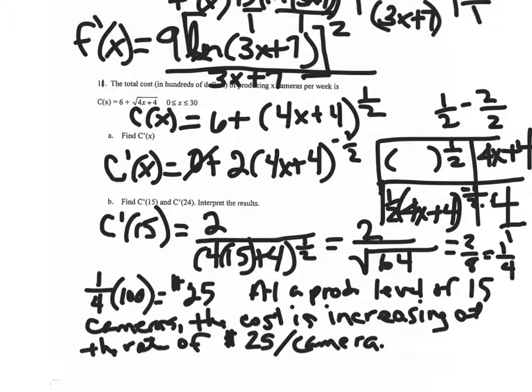In other words, the cost of producing the 16th camera would be about $25. Okay? So we're at the point that it's costing about $25 a camera. And then if we plugged in 24, we would find out, what would you expect? Do you think the cost per camera is going to go up or down? Hopefully it's going down. I mean, if we're not lowering our cost per camera as we produce more, we're not doing something right in the business, or we've already passed our maximum level. Okay?